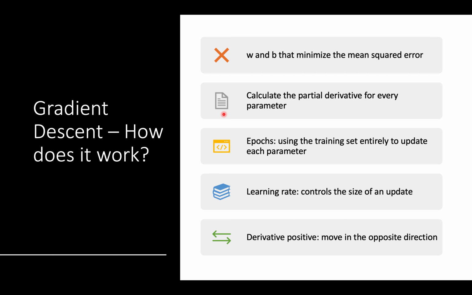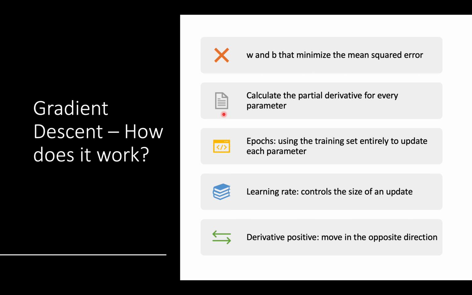And we subtract partial derivatives from the parameter values because derivatives are indicators of growth of a function. If we have a derivative that is positive, then the function grows at that point. But remember that we want to minimize the objective function. When the derivative is positive, we know that we need to move our parameter in the opposite direction.